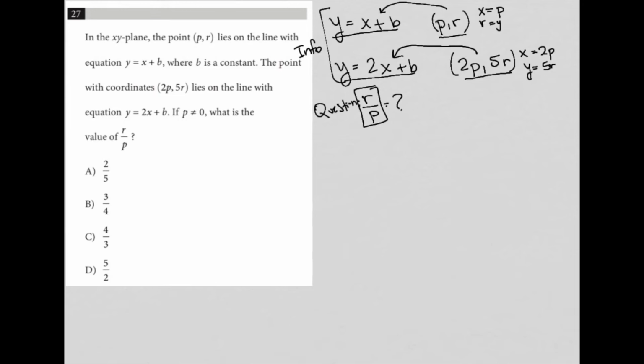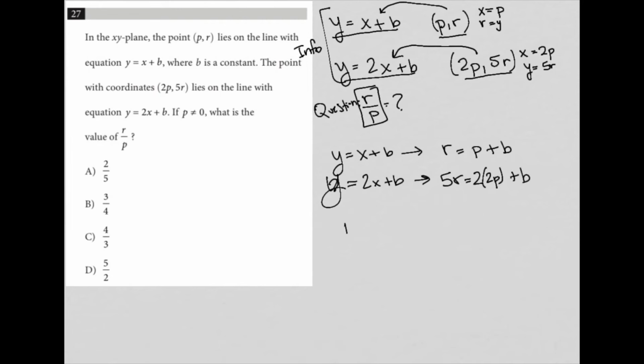So if I replace the x and y with their equivalents, my y equals x plus b turns into R equals P plus b, and my y equals 2x plus b turns into 5R equals 2 times 2P plus b, right? Just replacing the x with 2P. So now I write that again. I have R equals P plus b, and I have 5R equals 4P plus b, right? Because 2 times 2P.